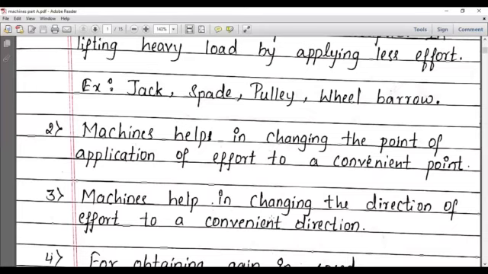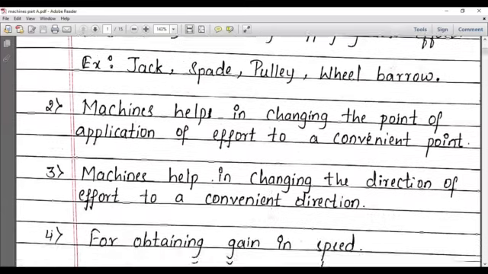But when you take the help of a pulley, a simple machine, it helps you to lift the water bucket. When you use a pulley, just by applying a little amount of force, the bucket comes up. So machines help in changing the direction of effort to a convenient direction.